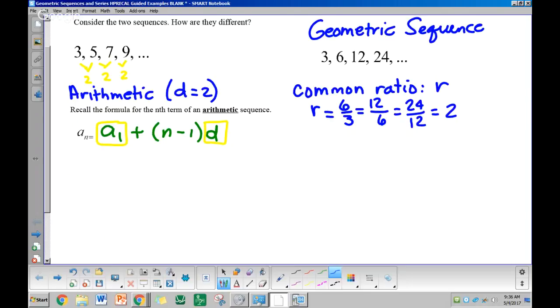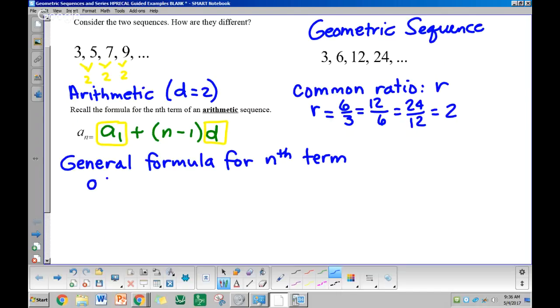Well, that's great. That's for arithmetic. Now let's find the general formula for the nth term of a geometric sequence.